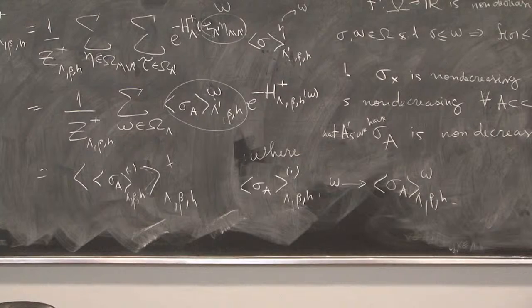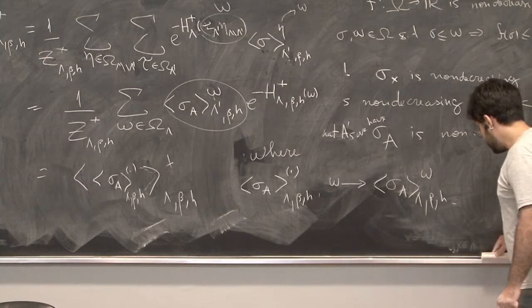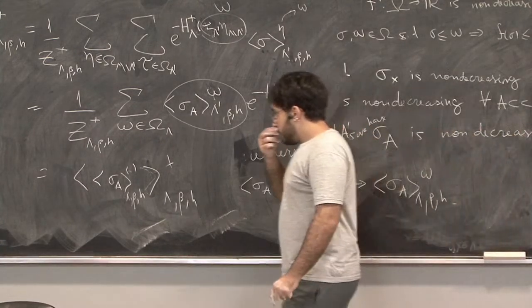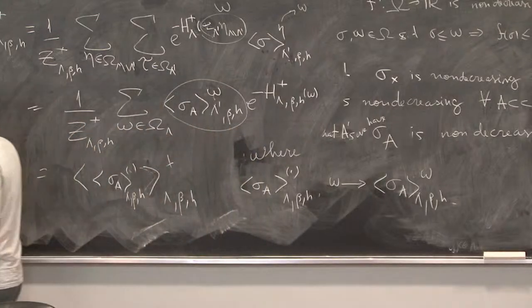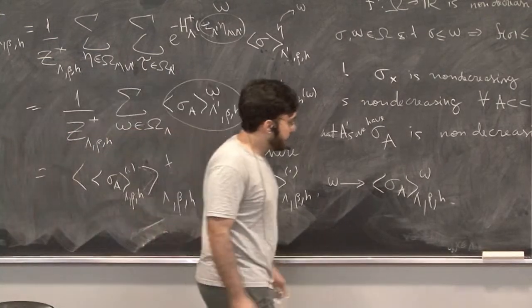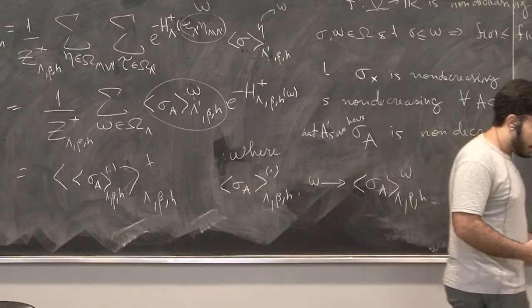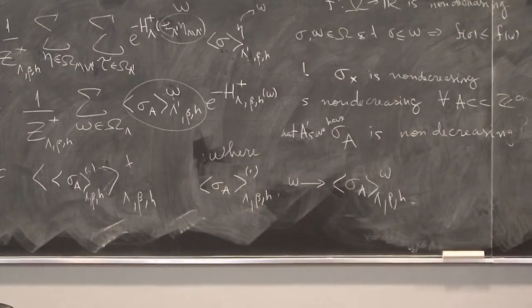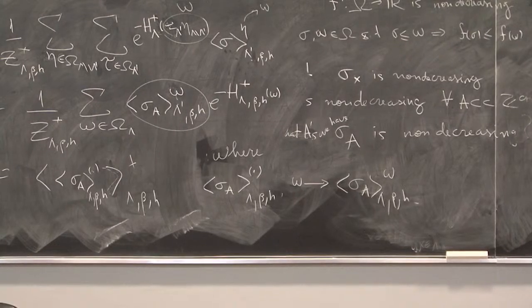It's a consistency condition, and more than that, in more general contexts, the DLR equations say that you know what the conditional expectations of your measure are, and the conditional expectations are also given by local Gibbs measures.